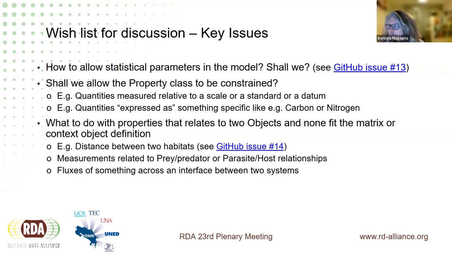Yeah, but can I say something about that? What we did so far is to make a property more precise. You can make a more specific concept of an existing property. That's still possible, right? If you have a controlled vocabulary, you can make a more specific concept, a child of an existing term. And if it applies to the whole variable, then it is something that we need to add to the whole measurement.